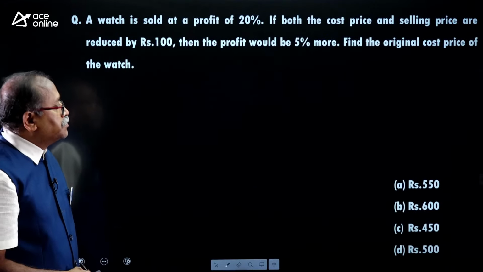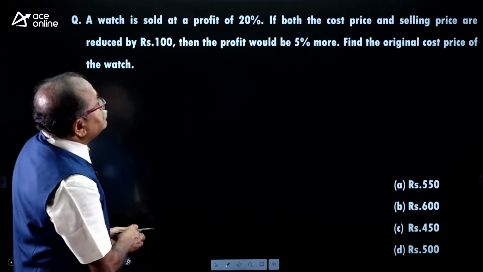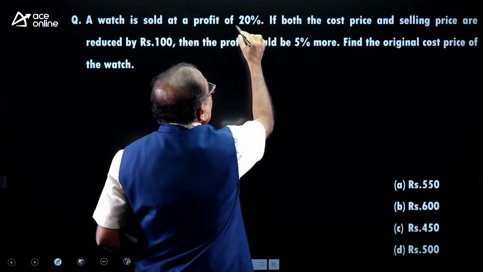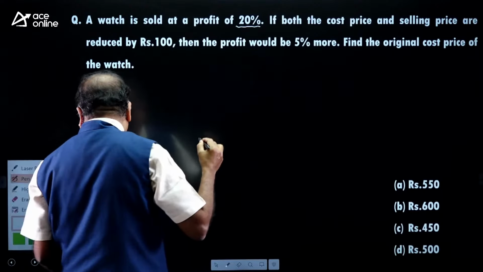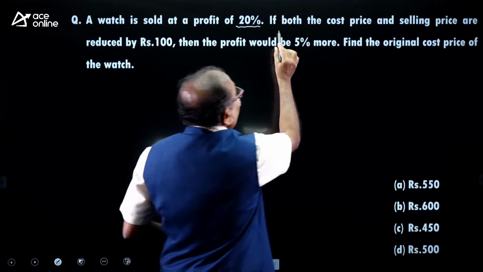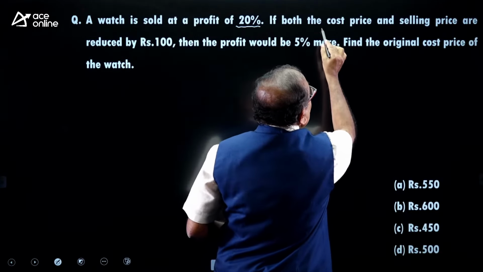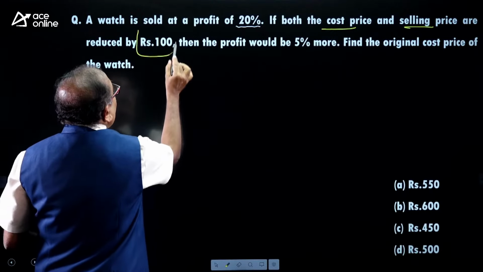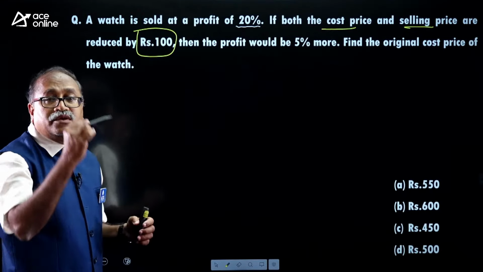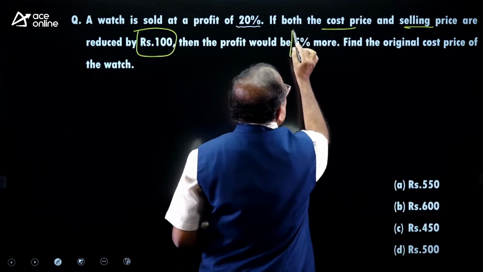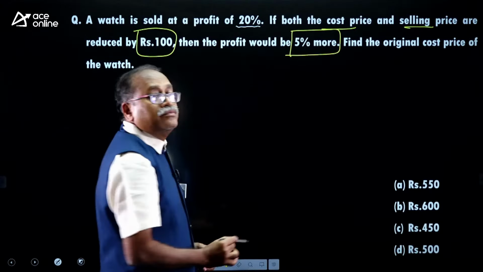And here, what is it? It says that a watch is sold at a profit of 20%. Many of my friends will be able to answer this question, I believe that. If both the cost price and selling price are reduced by 100, the profit would be 5% more.